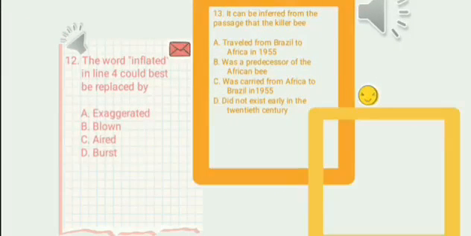And the answer to number 12 is D. I think because the word inflated is very similar in meaning to burst. Yeah, so I think the answer is D.